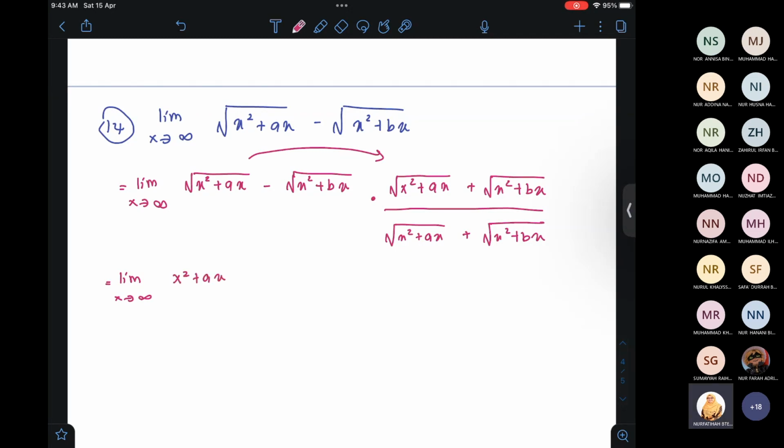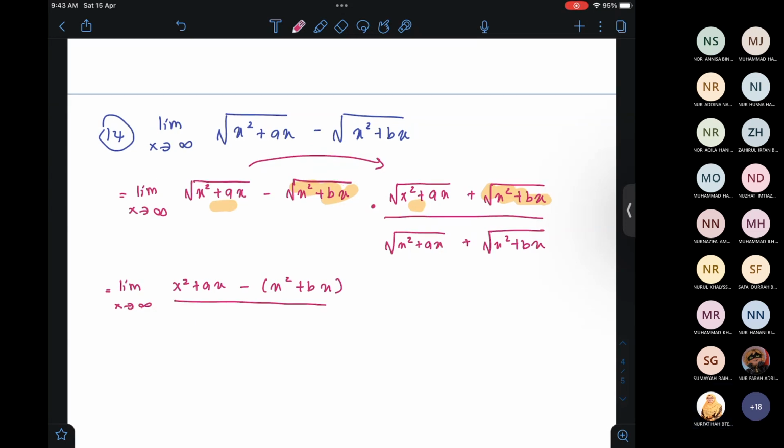And then for the last term we get minus x squared plus bx for the upper part. For the bottom part we have the square root of x squared plus ax, added with the square root of x squared plus bx.